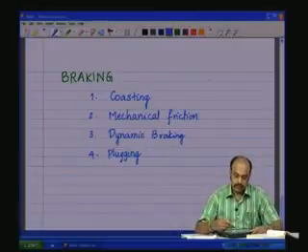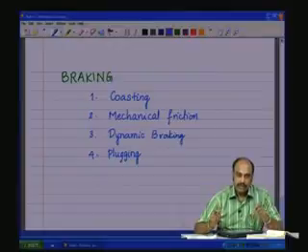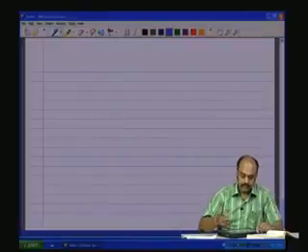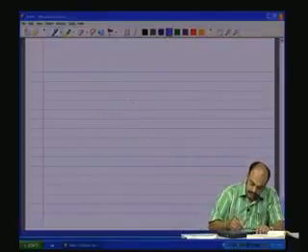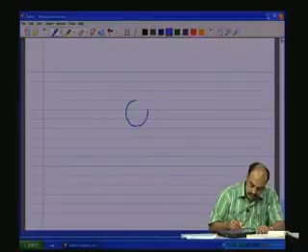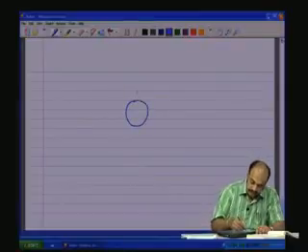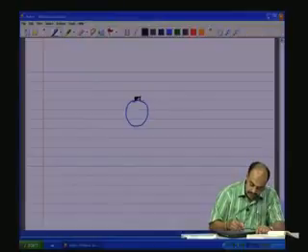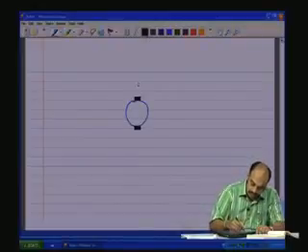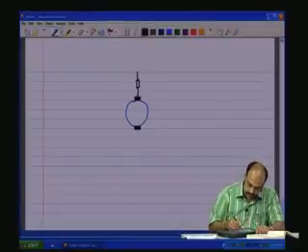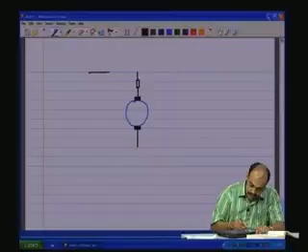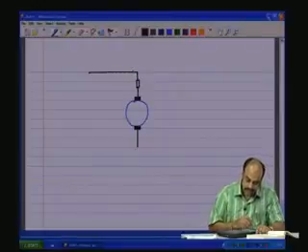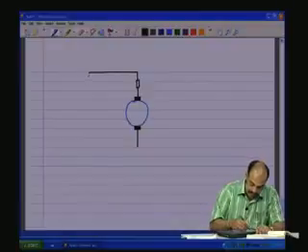These are the 4 methods in which one may try to stop the motor. So, if you look at the schematic of the motor system, let us say we have the DC motor, brushes, the brushes are connected to in this fashion.